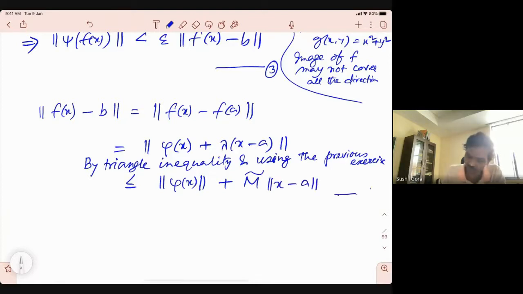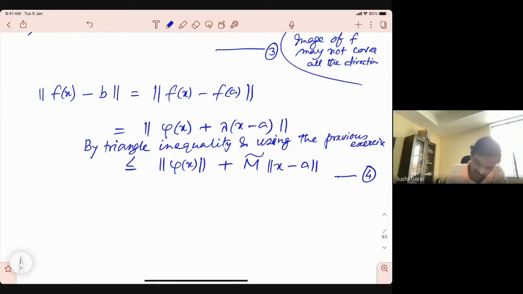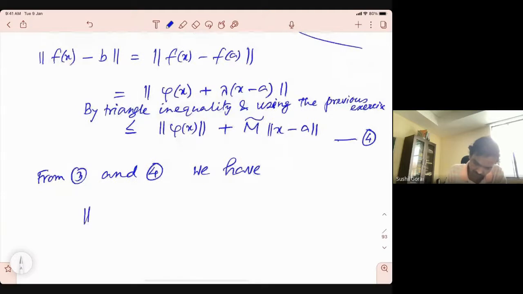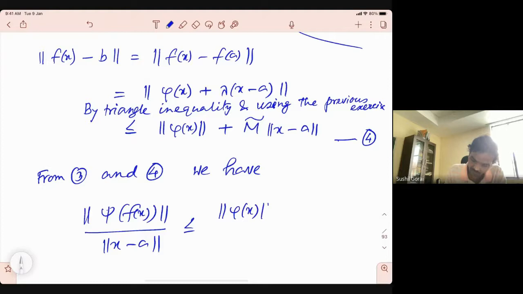So this is 4. Now from 3 and 4, we have norm of psi of fx by norm of x minus a is less or equal to norm of phi x by norm of x minus a.